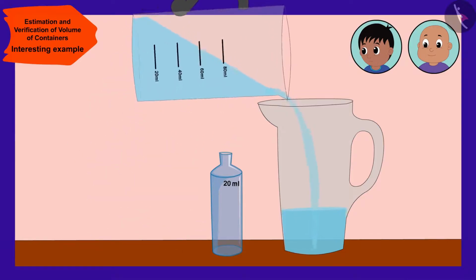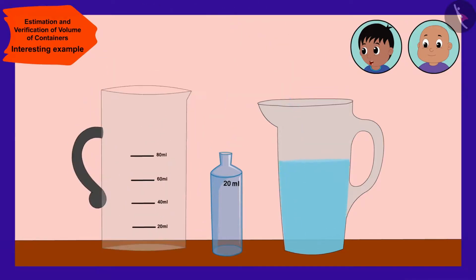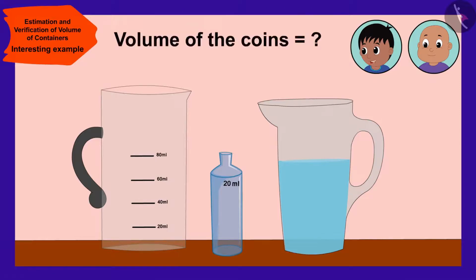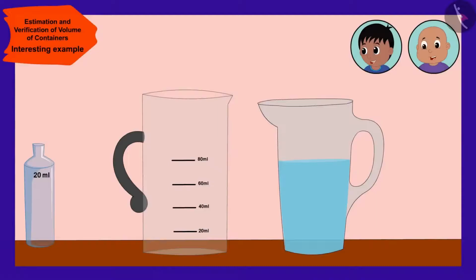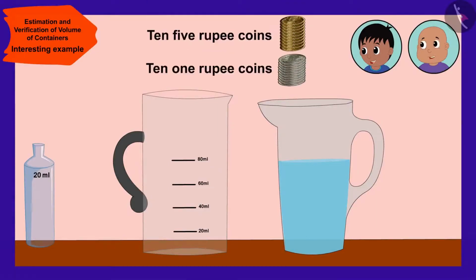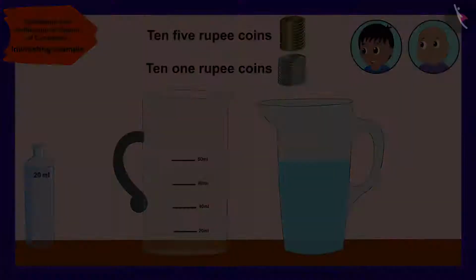See, Bablu, our measuring jug is ready. Now we can use it to find the volume of the coins. Oh wow, Raju! This is a wonderful technique. Let us find out the volume of 10 1 rupee and 10 5 rupee coins.